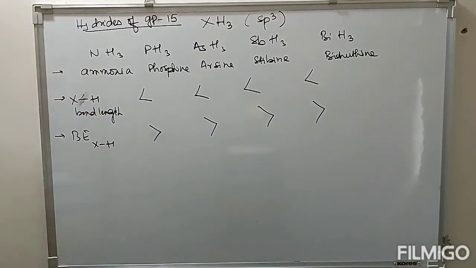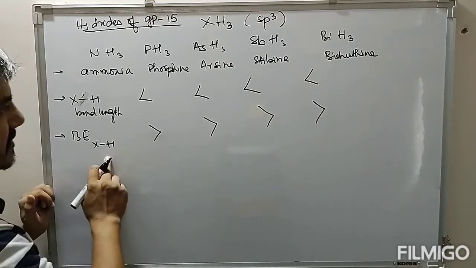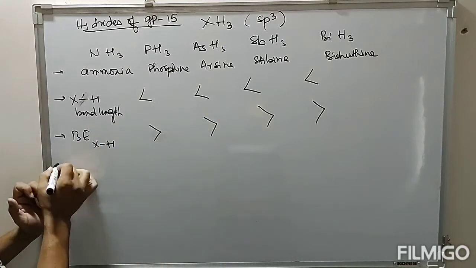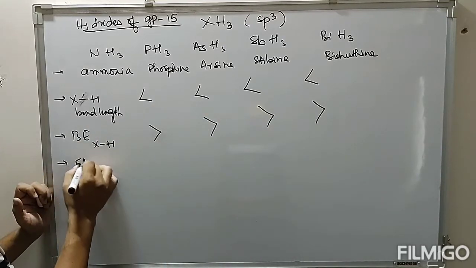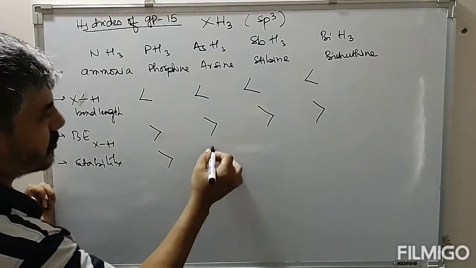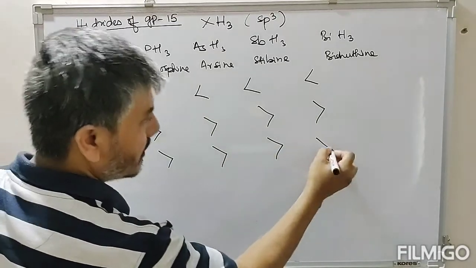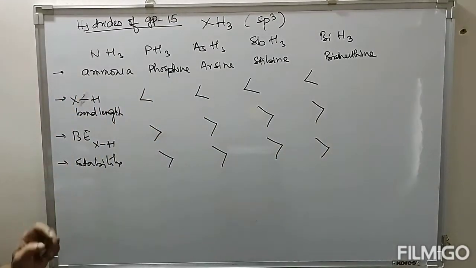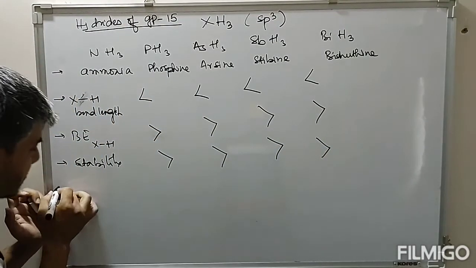The strongest bond is formed by nitrogen and hydrogen. As the bond energy decreases or the bond length increases, bond stability also decreases.